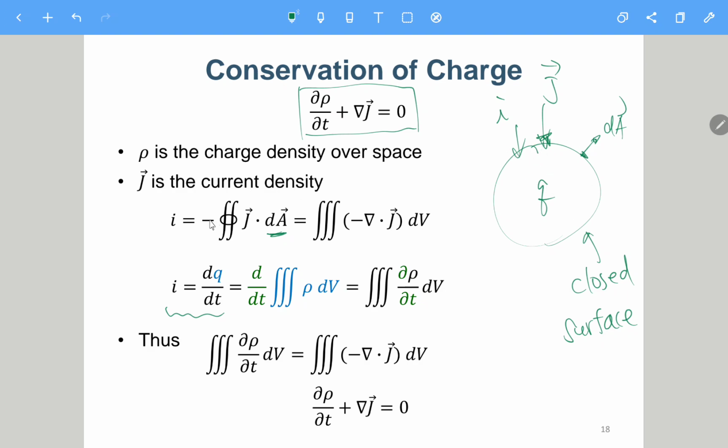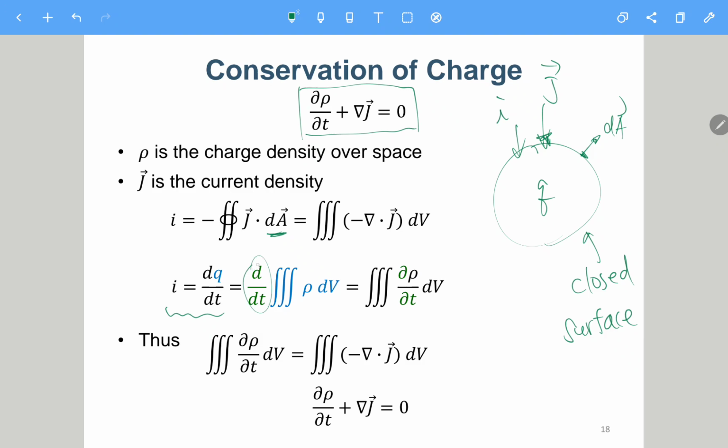So that's why we put a negative sign here, so that it matches this I equals dQ dt. And then Q is actually the triple integral of the charge density over the volume. So it looks like this.